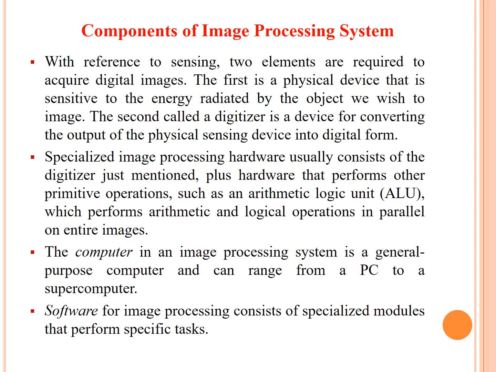This type of hardware sometimes is called a front-end subsystem, and its most distinguishing characteristic is speed. The computer in an image processing system is a general purpose computer and can range from a PC to a supercomputer. Software for image processing consists of specialized modules that perform specific tasks.